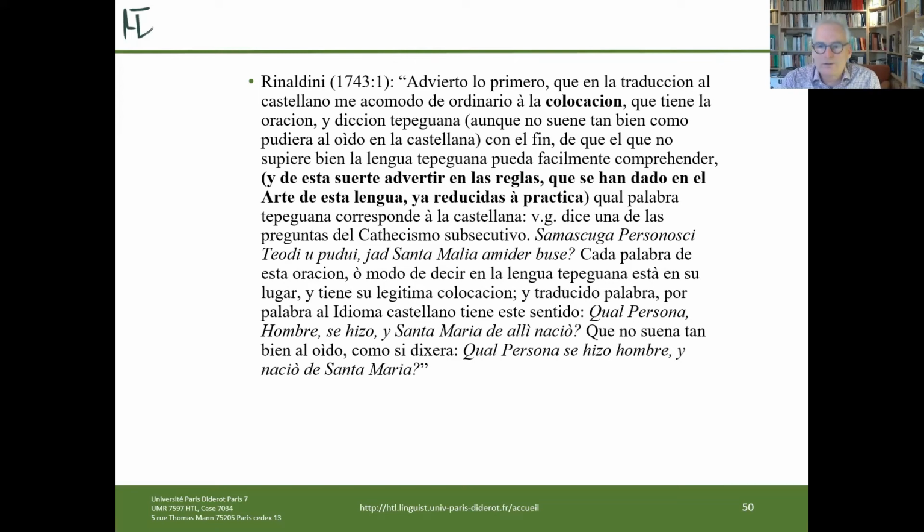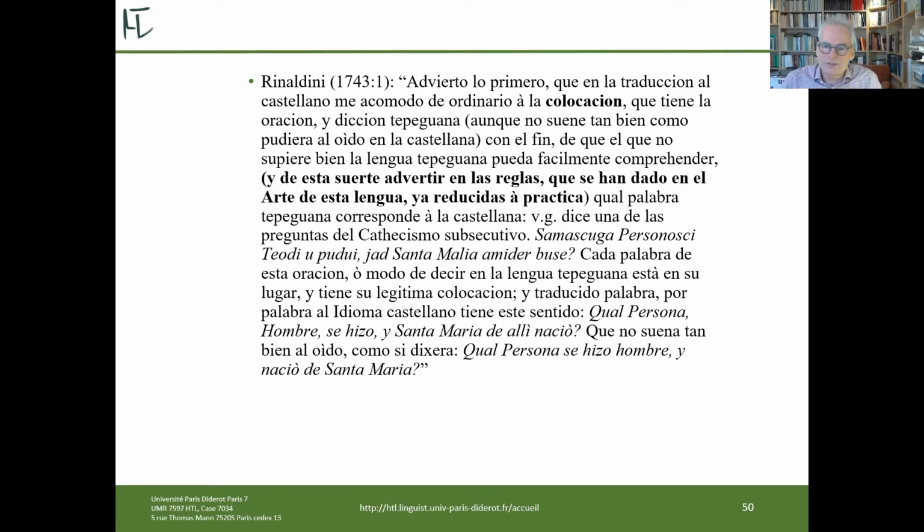And how do they do this? They give the regla, and also give the translation, and also in this case the wrong translation, following the syntax, the literal translation from Tepehuana. In this case it makes a kind of Spanish like cual persona hombre se hizo y Santa Maria de ahí nació, and that does not sound very well.